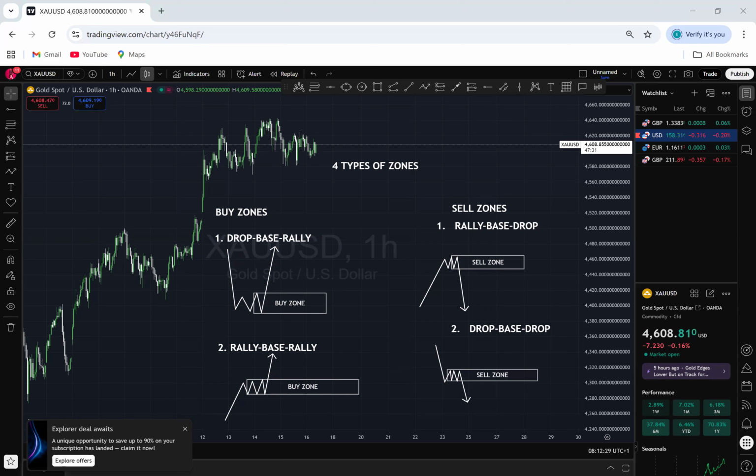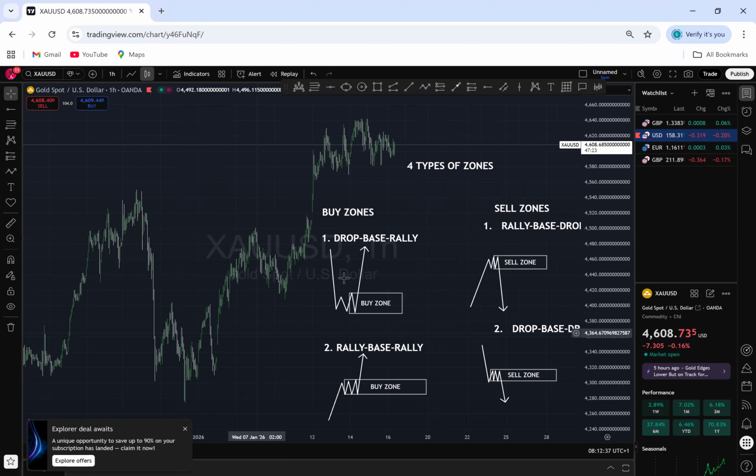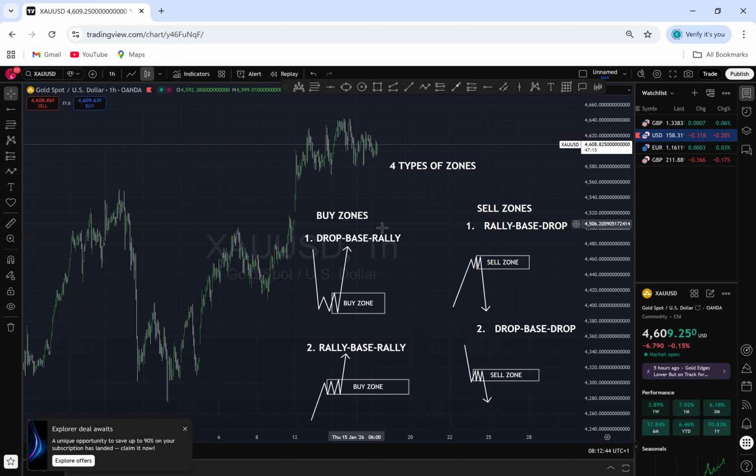So in transferring this to the charts, for you to be looking out for buys, it simply means your trend must be an uptrend, right? So you want to look out for these kinds of zones, either this or this kind of zone.